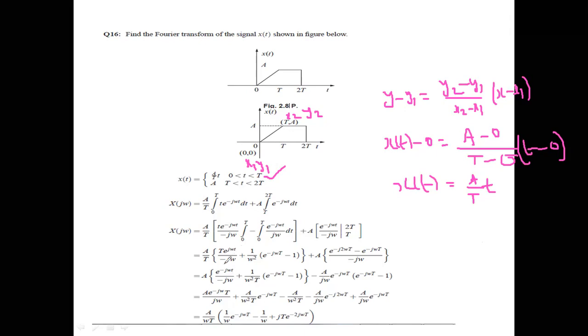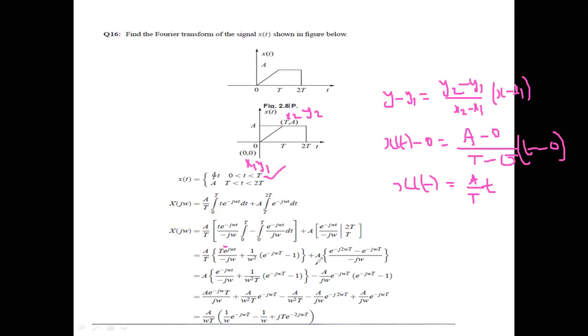And then you can simplify this expression. A into e power, because the T terms get cancelled here, my students, A into e power minus j omega t by minus j omega. It is not the minus, my students. Here the minus is there.